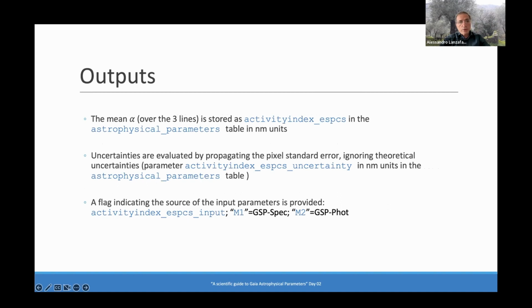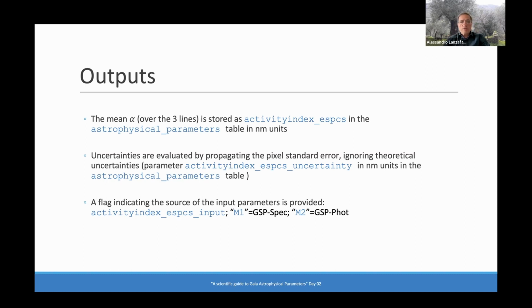The output is the mean alpha over the 3 lines and is stored as activity index ESP-CS in the astrophysical parameters table, and is given in units of nanometer.